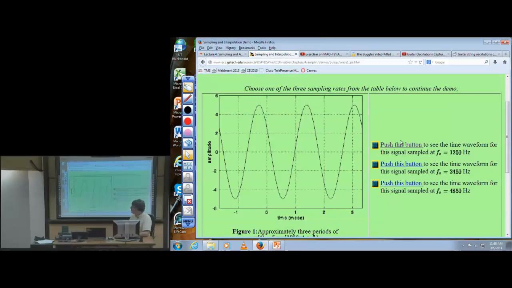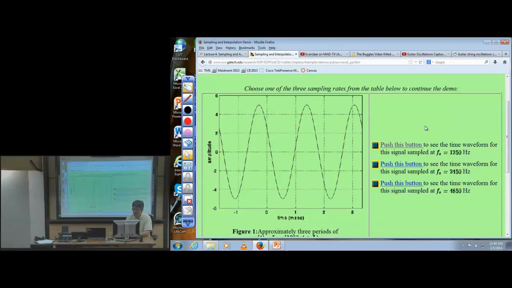We know that if we're going to sample this, it's a finite observation case. So we know the max frequency is more than just 600 hertz. There's some bandwidth because of finite observation. It could be 10 hertz, who knows what it is. It's something small. So we really want to sample at more than twice F max. F max here is probably 610, so we're going to sample at more than 1220.